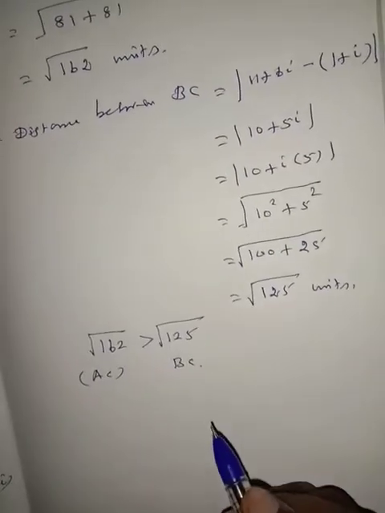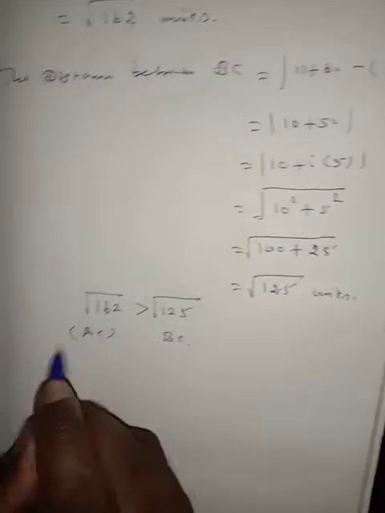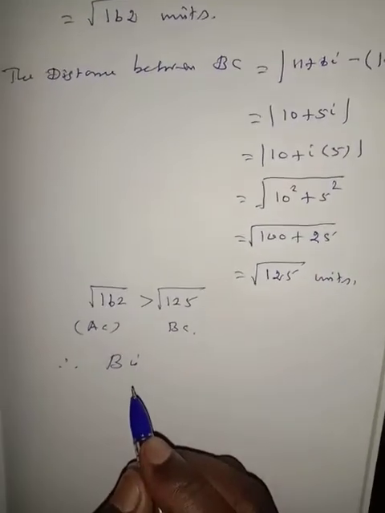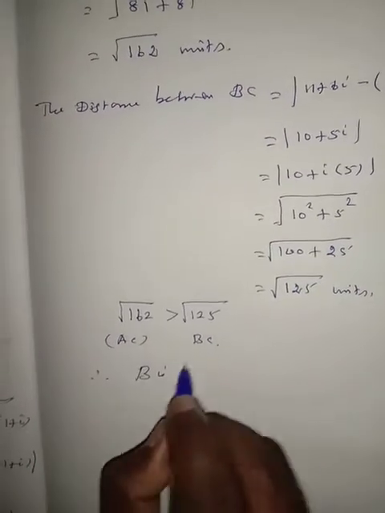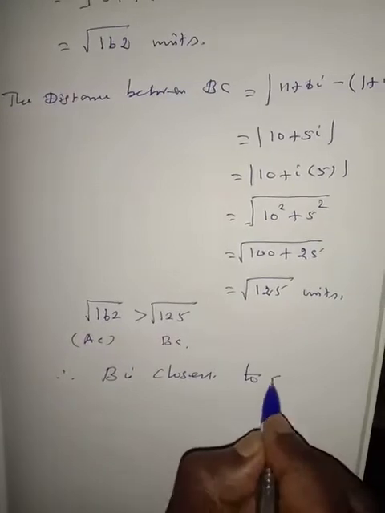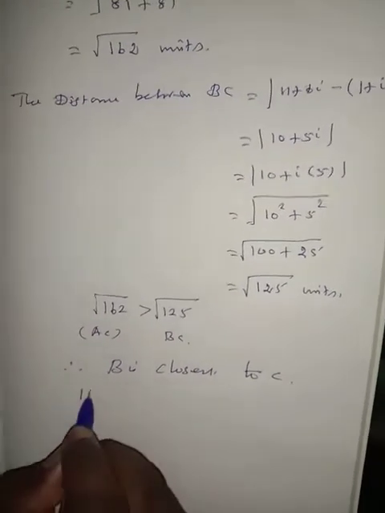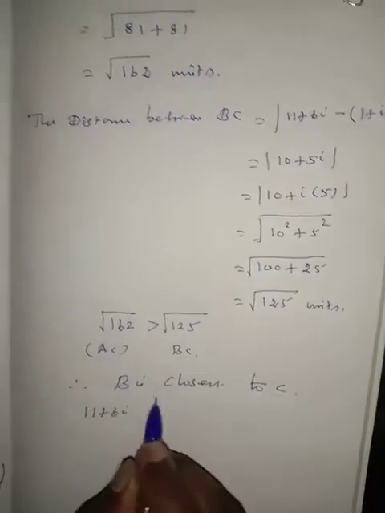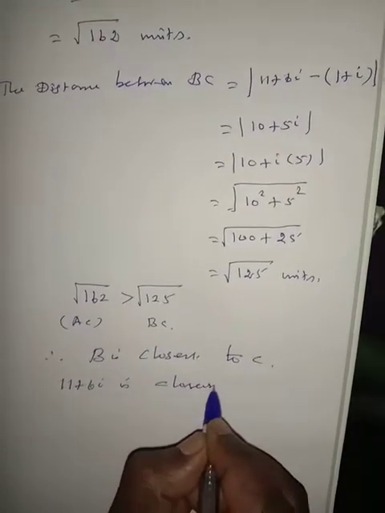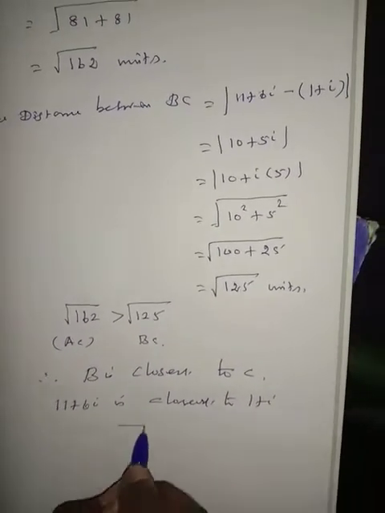So B is closest to C. Therefore B is closest to C. This means 11 plus 6i is closest to 1 plus i. Hence the result.